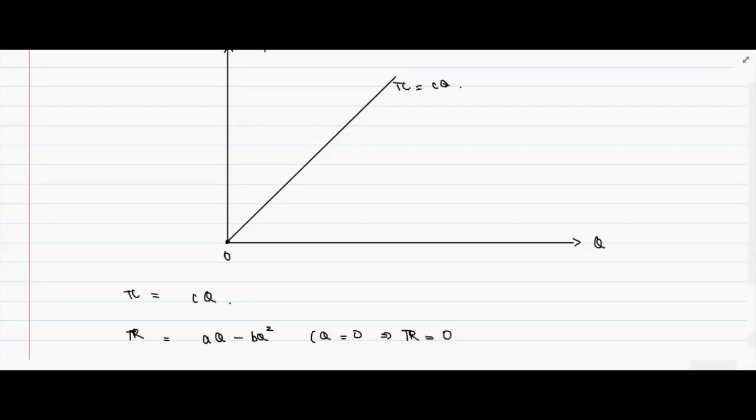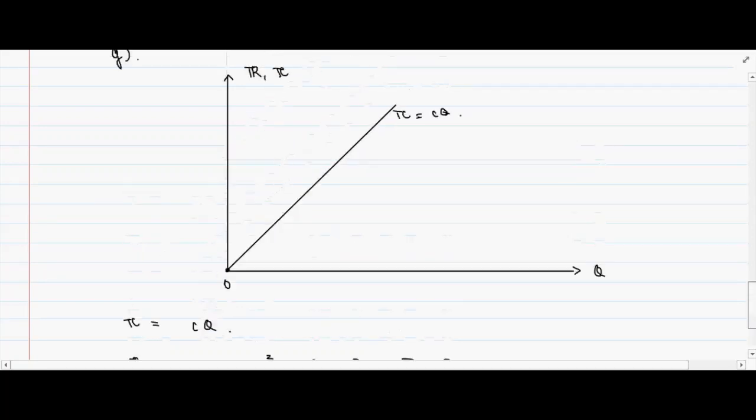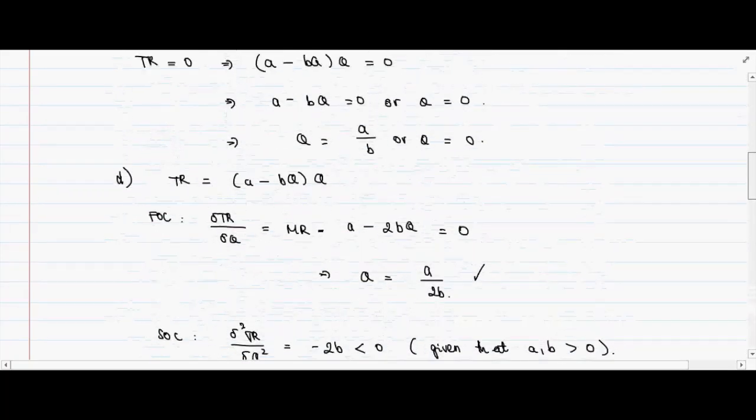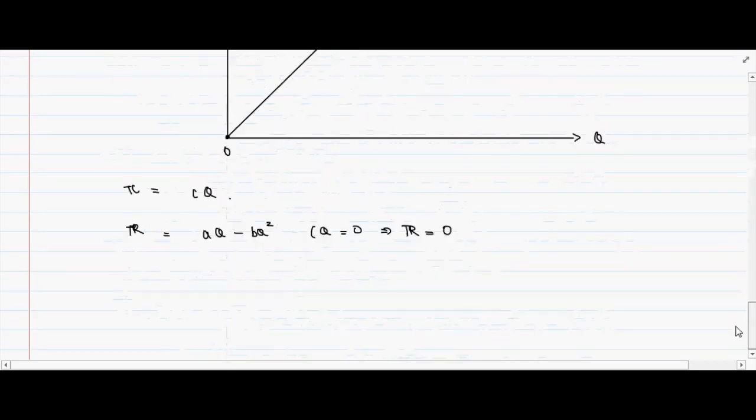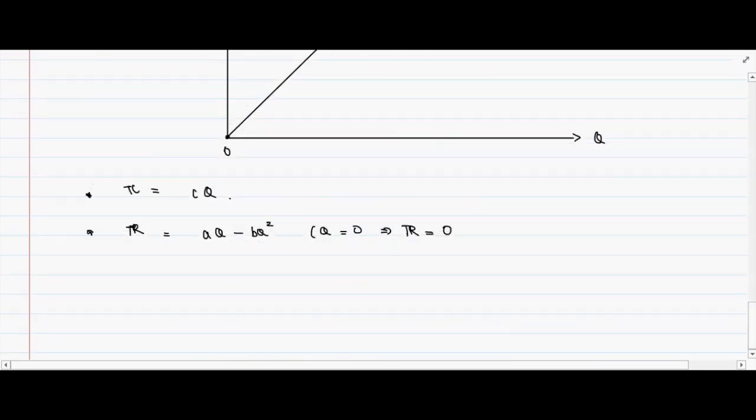Alright, now we also know that from before, the total revenue is going to be equal to 0 when Q equals A on B or Q equals 0. We found that earlier. Okay, so this is total cost, total revenue. So total revenue equals 0 when Q equals A on B or Q equals 0.